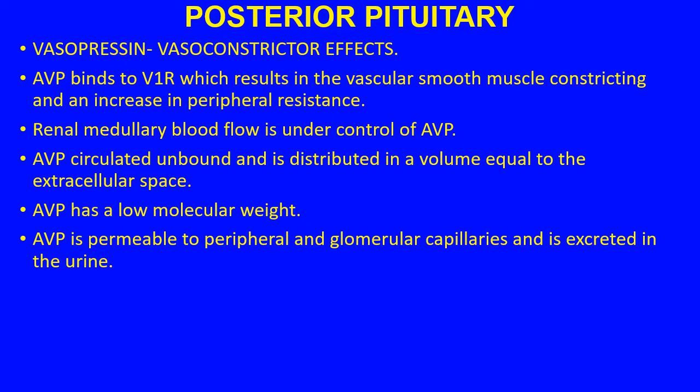It's not like it needs a pump. It's not a huge molecule. It has a low molecular weight. Also, AVP is permeable across peripheral and glomerular capillaries and is excreted in the urine. So one test that can occur is looking for AVP in the urine.